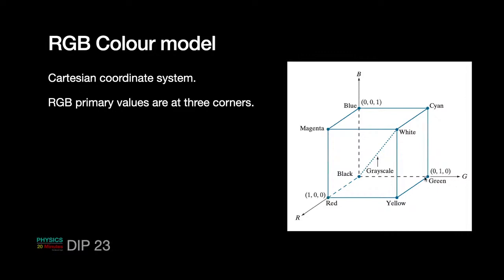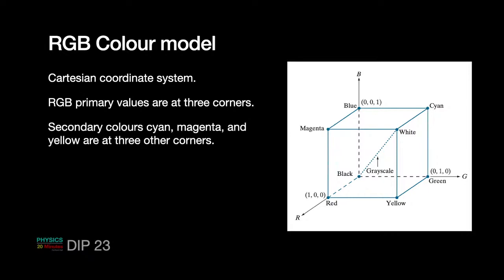Similarly for pure green, at this end the green is darker, and as you go towards this side, the green becomes brighter. The same applies for blue. It's darker, towards dark gray, but as you go towards this side, it goes towards blue. So these are my primary colors, which are represented on three axes. If you are at this corner, then it will have an equal amount of red and blue.